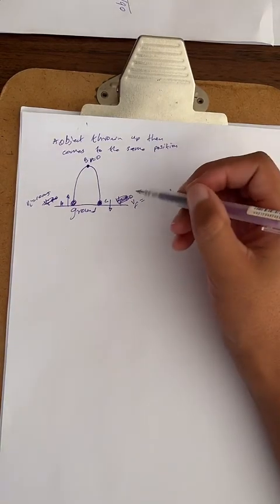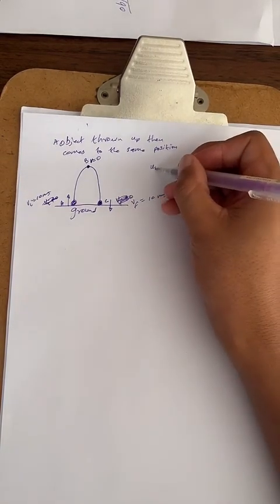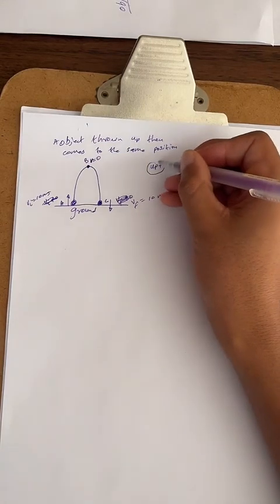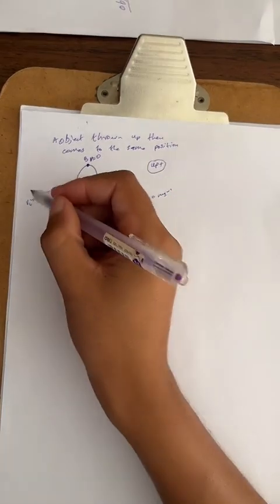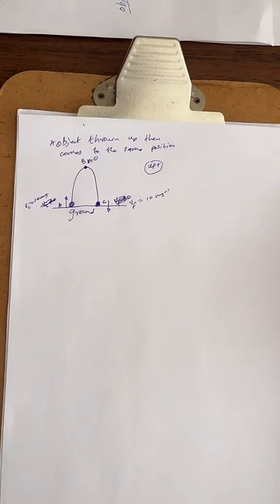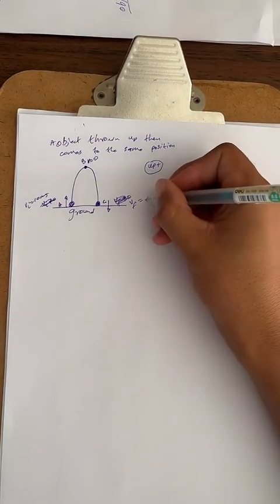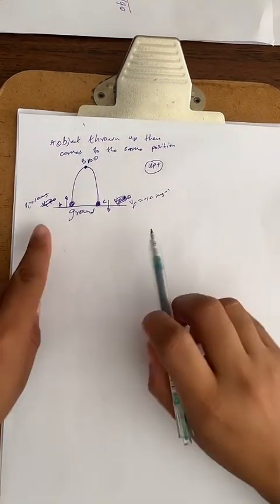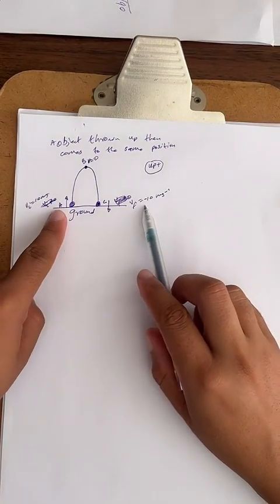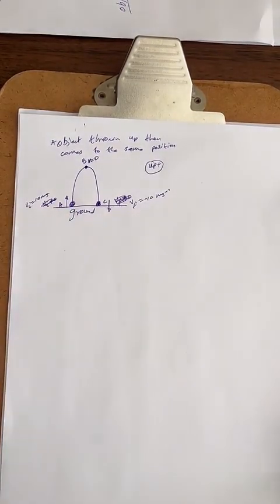So if we choose up as positive, I'm just choosing up positive for this, then this part will be positive 10 and this side will be negative 10, minus 10. The value of velocity at A and C is the same because it's the same height, but the direction differs.